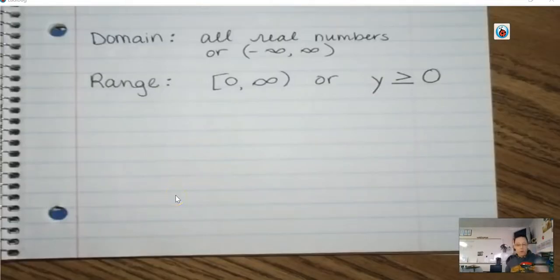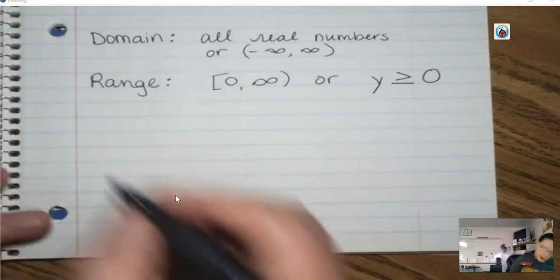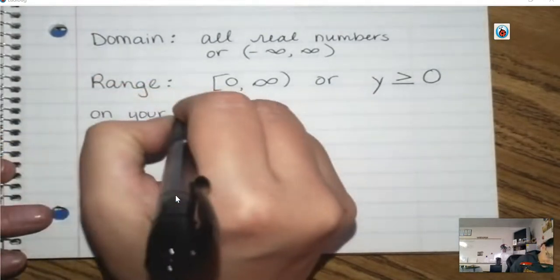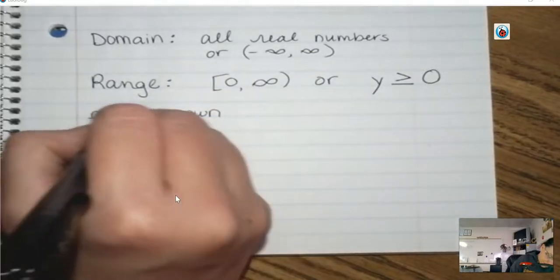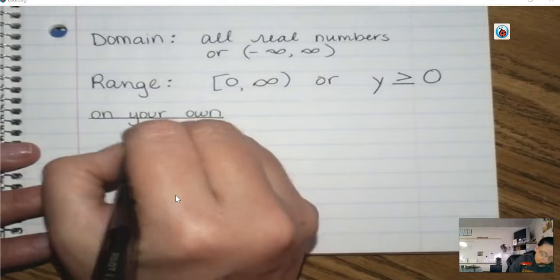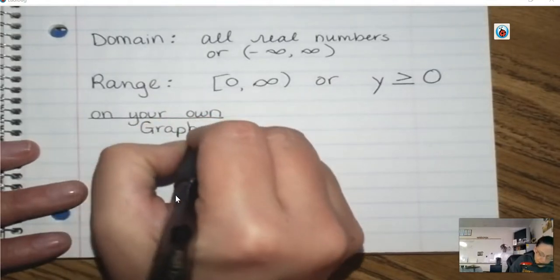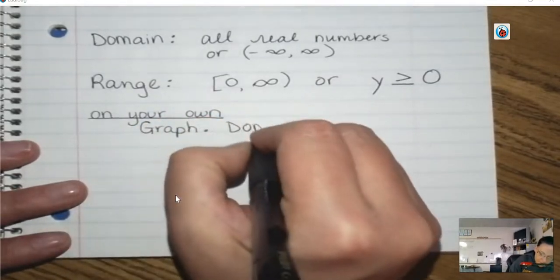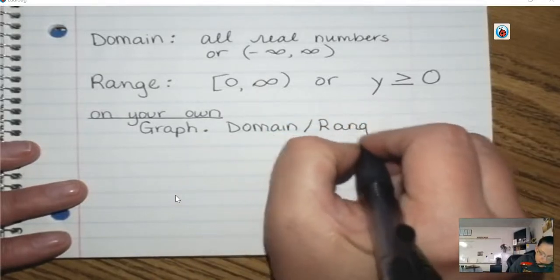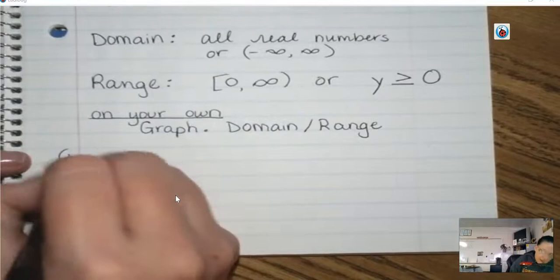Other people, so if you want to go move and sit near a friend right now, you can. For these, I'm going to give you 2. You need to graph it on graph paper, not on Desmos. And then I also want to know what's the domain and what's the range. You're going to have 2 to do.